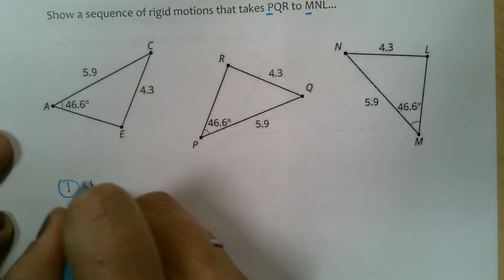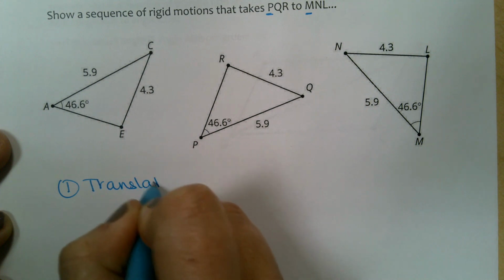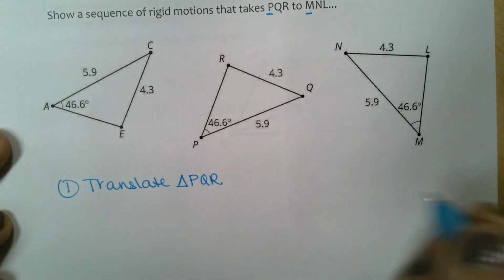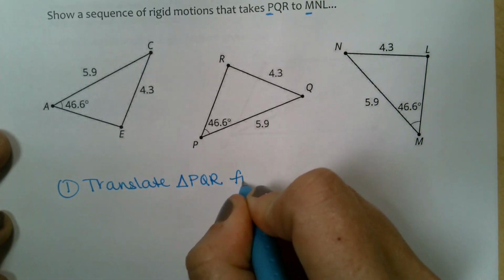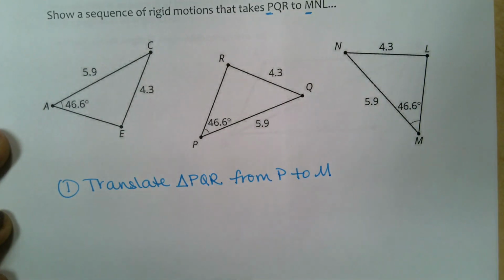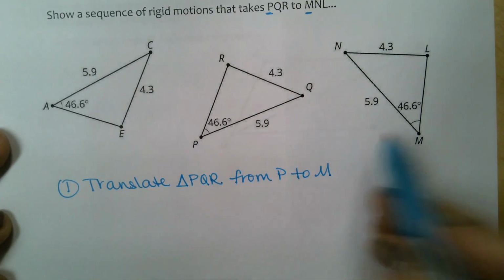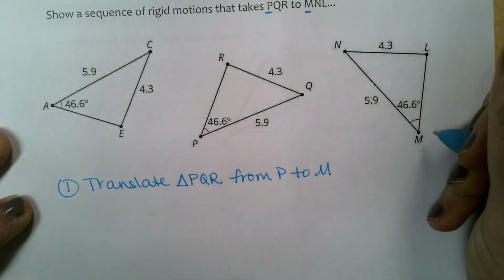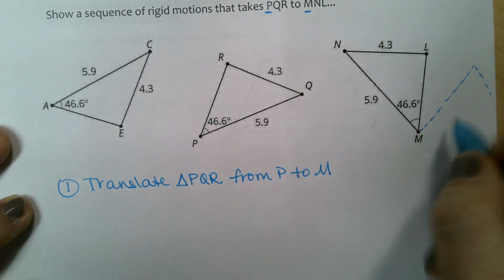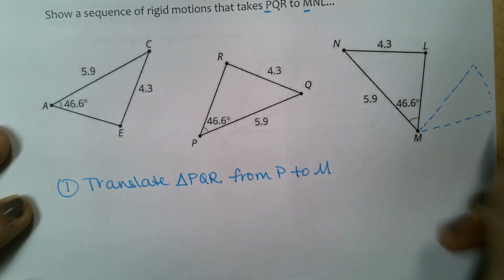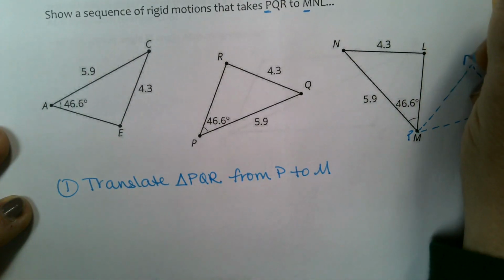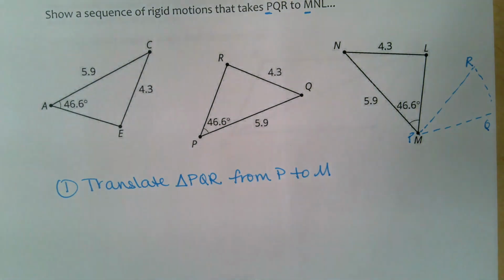So I'm going to start by translating triangle PQR from P to M. Okay, so basically it's just going to take it like this, and I'm going to do a rough sketch. If you wanted to use your patty paper, obviously you could, but just to save a little time so you're not staring at my knuckles.